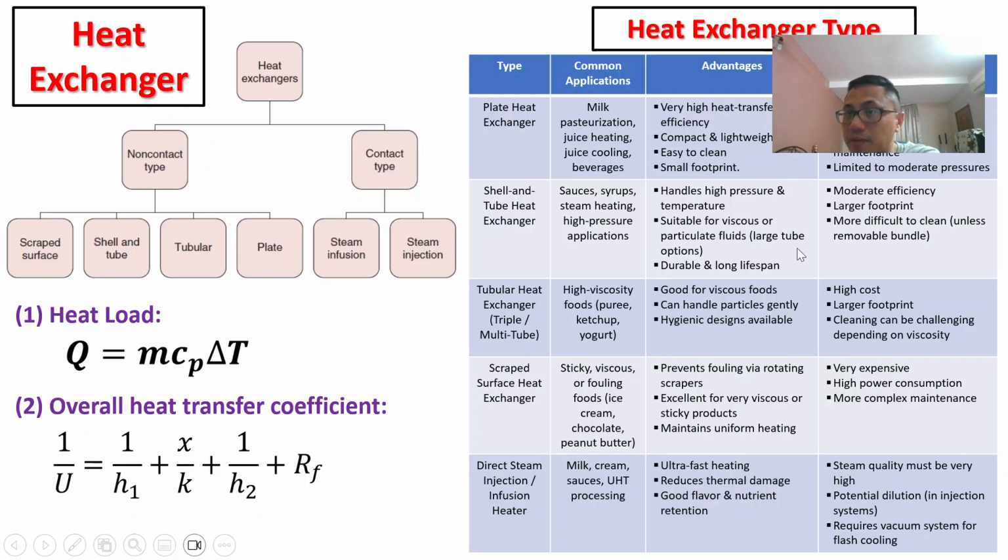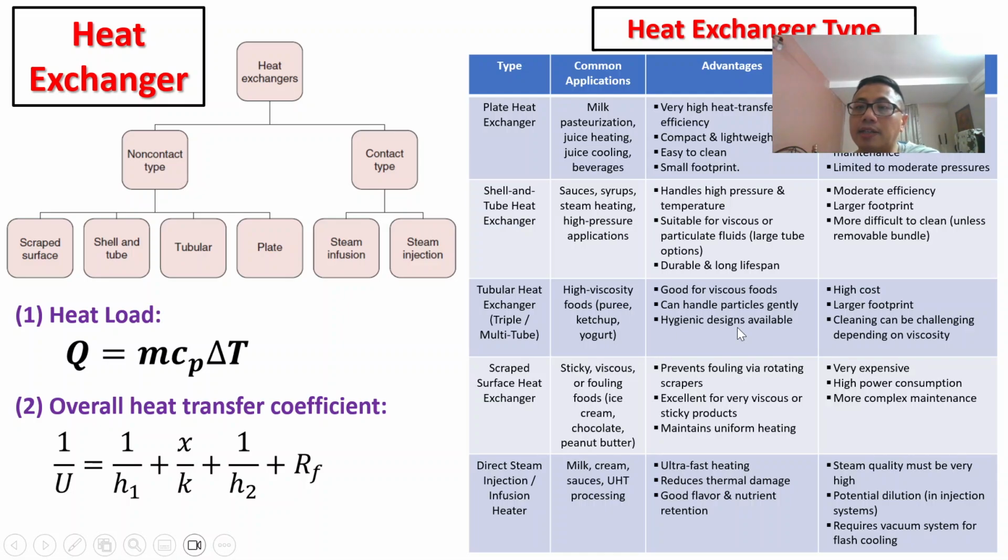It is very durable with a long lifespan, but moderate efficiency, not so efficient, and you require a large footprint. You need a big space to install this, and it's sometimes quite difficult to clean. Tubular heat exchanger is good for viscous fluid and can handle particulate fluid.